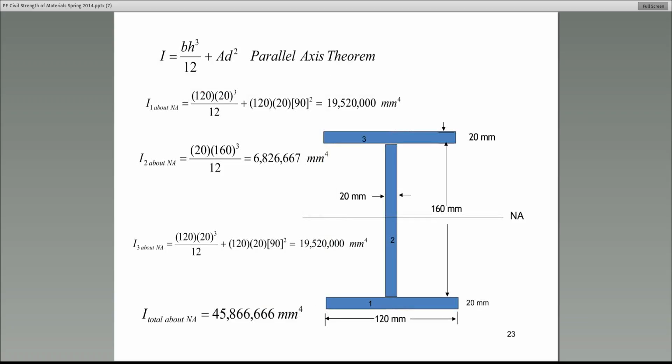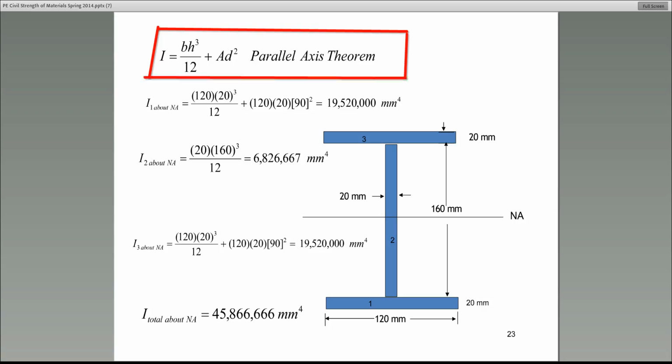On slide 23, please pay attention in the very top. This is the general equation. It's the parallel axis theorem, which we use to find the moment of inertia for common shapes. And this is something that you should really learn how to do.